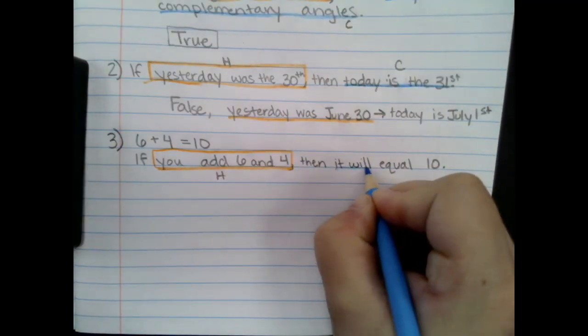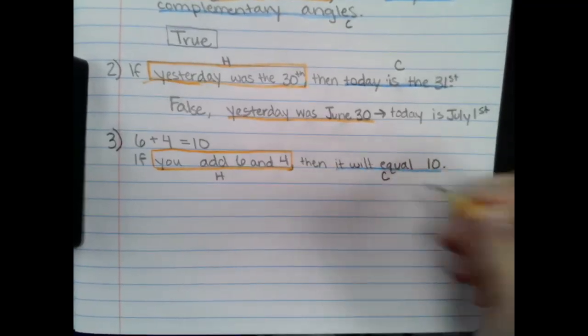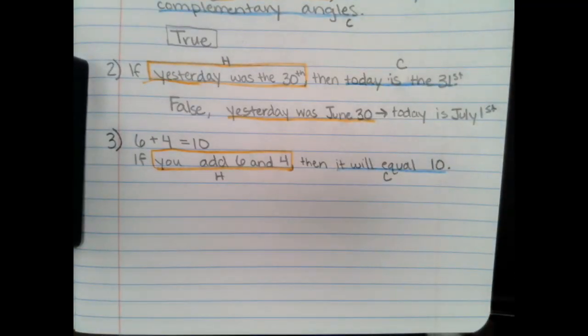It will equal 10. So we need to decide if this is true or false. If it's false, we have to come up with a counterexample, meaning some time where it doesn't always work. So if I add 6 and 4, is there any time where my answer won't be 10?